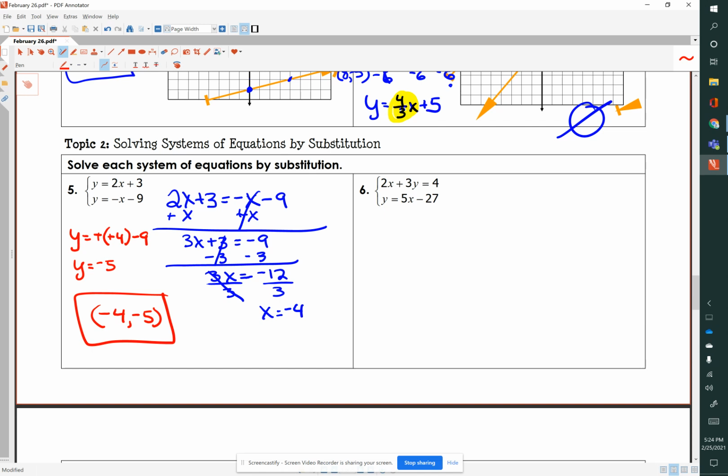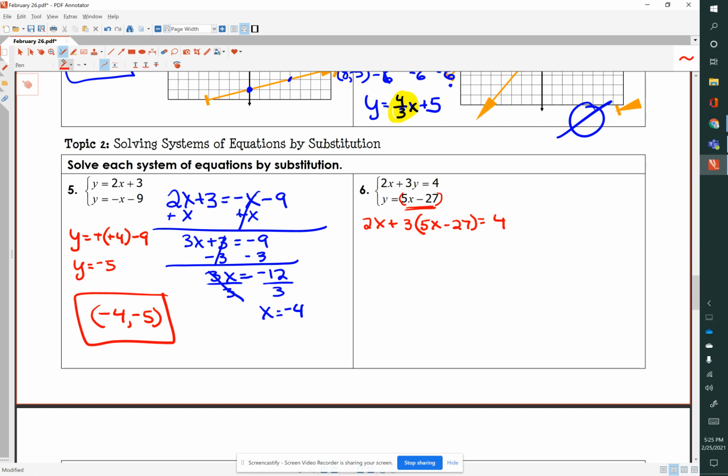Okay, number 6. We have 2x plus 3y equals 4, and the second equation is already solved for y. So I'll just use that for the substitution. So I'll have 2x plus 3, and instead of y, I've got this quantity, 5x minus 27 equals 4.